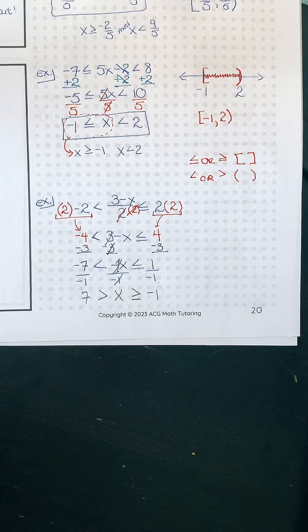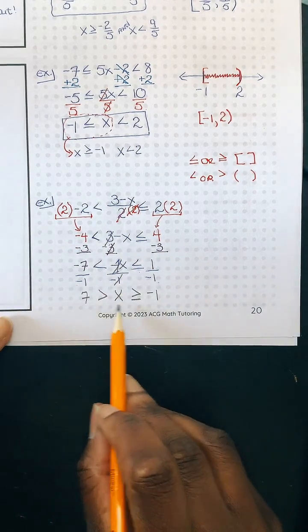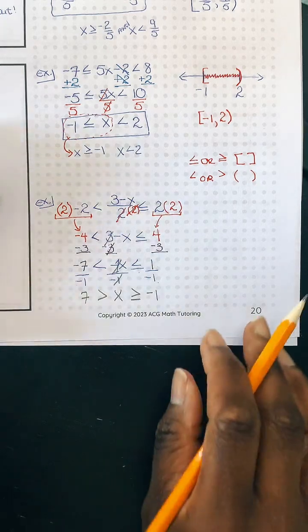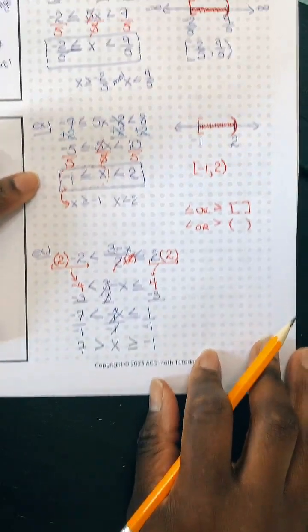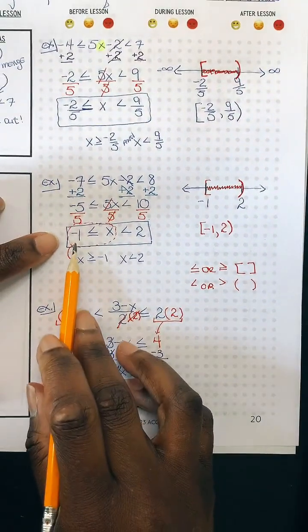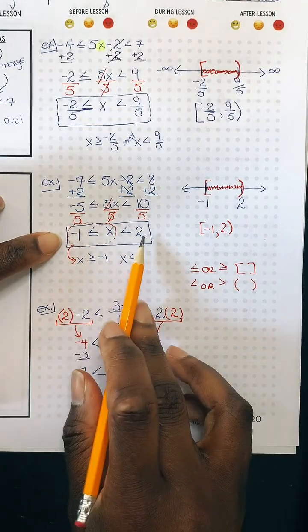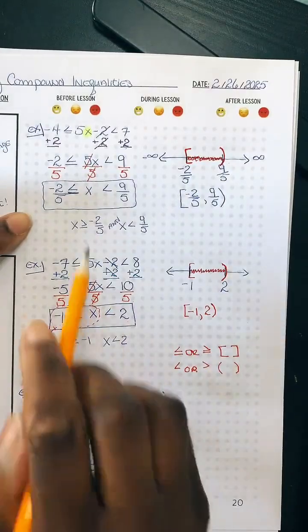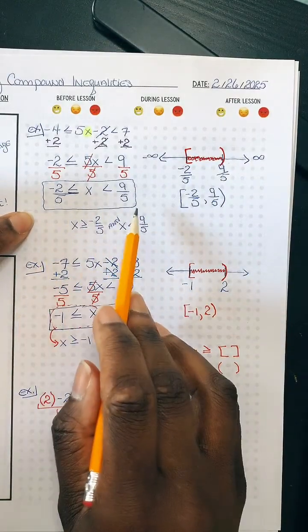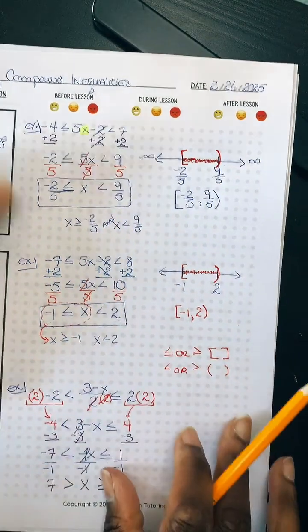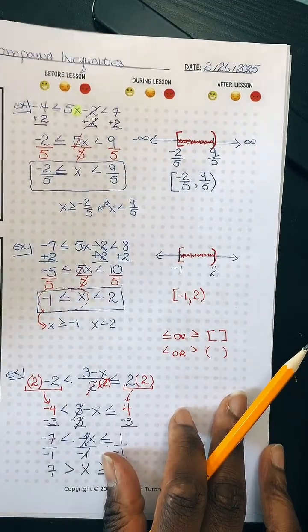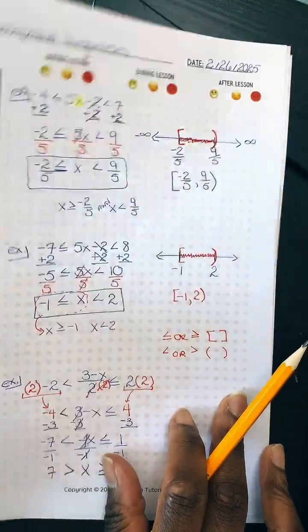Tiffany, because smallest is on the left, okay? When you're dealing with inequalities, if you ever noticed, let me scroll down for a little bit. We had -1, we had 2. -1 is smaller than 2. -2/5 was smaller than 9/5.